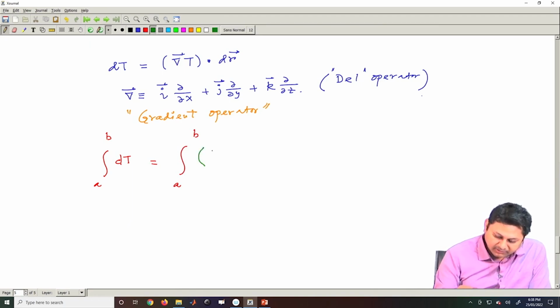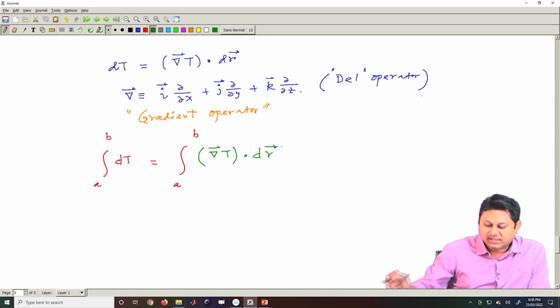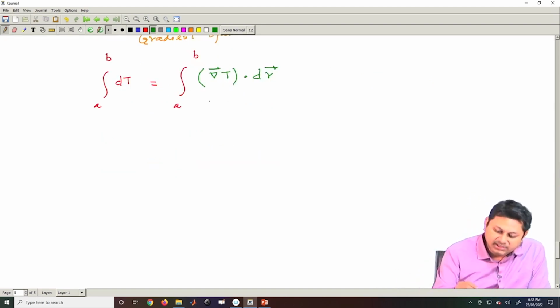One is this associated with the operator and dot dr. So, eventually I am doing the line integral here. If you look carefully, this quantity leads to a vector field, because this is operating over T, T is a scalar, but this operator itself is a vector. So, this leads to a vector quantity or a vector field.